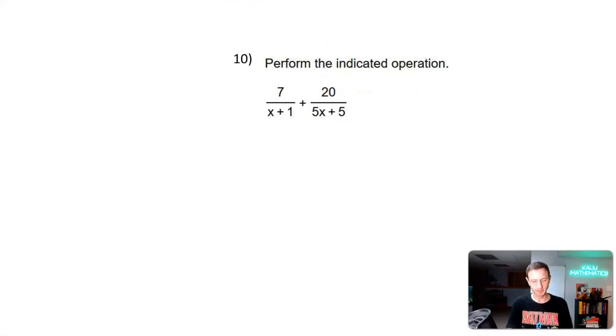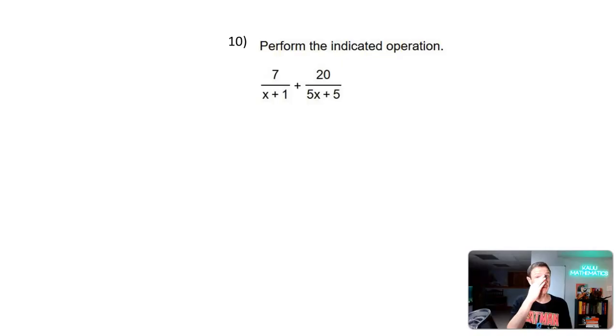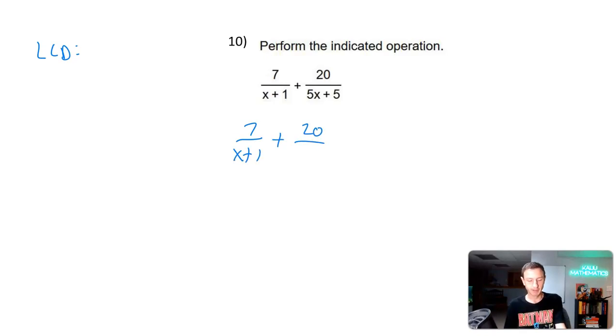Now I have some different denominators. So we don't have the same denominator, which I already mentioned before. We have to find an LCD. Before you find an LCD, you've got to factor the denominators. So 7 over x plus 1, can't do anything with that, plus 20 over, I can factor out a 5 from there, so 5 times x plus 1.